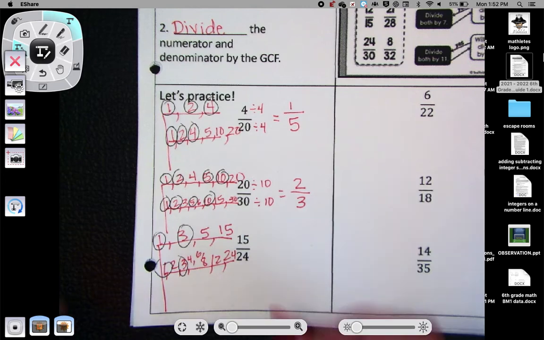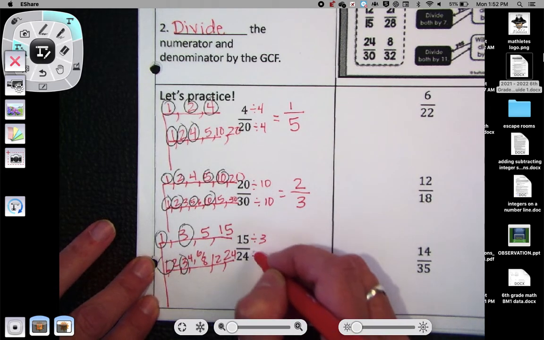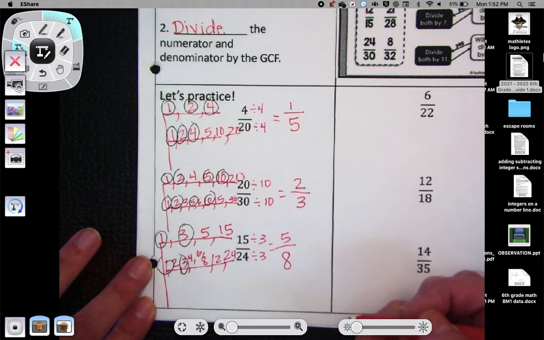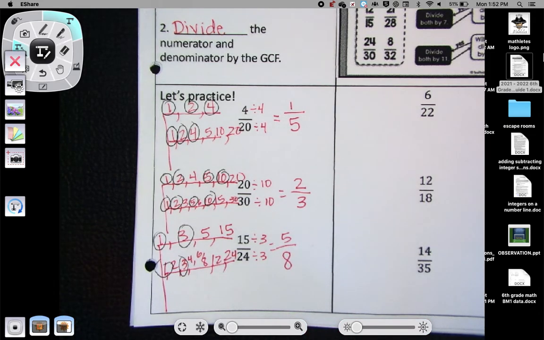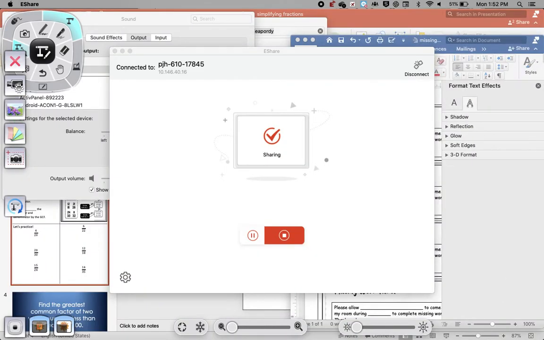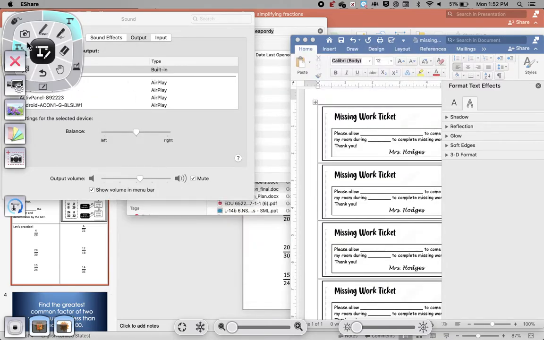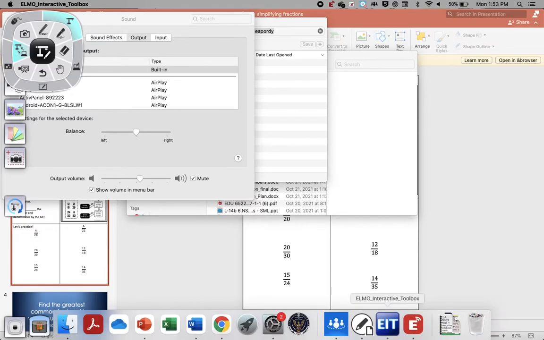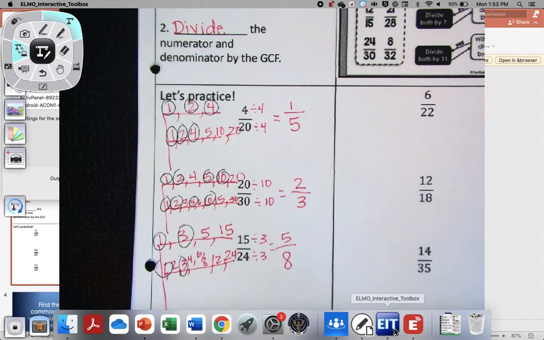Okay, so it looks like the GCF is 3. So 15/24 simplified is 5/8. And I know 5/8 is in simplest form because nothing else goes into it except for... I'm sorry, nothing else goes into it except for 1.